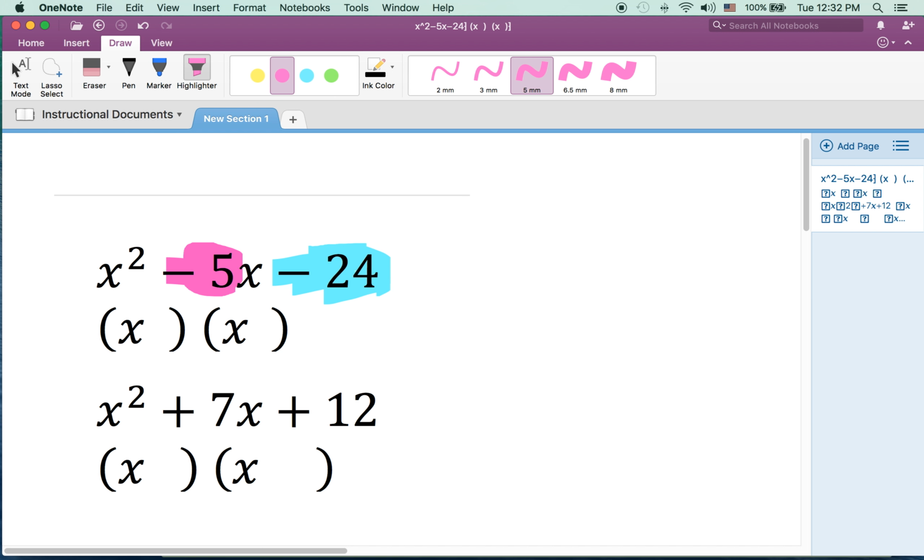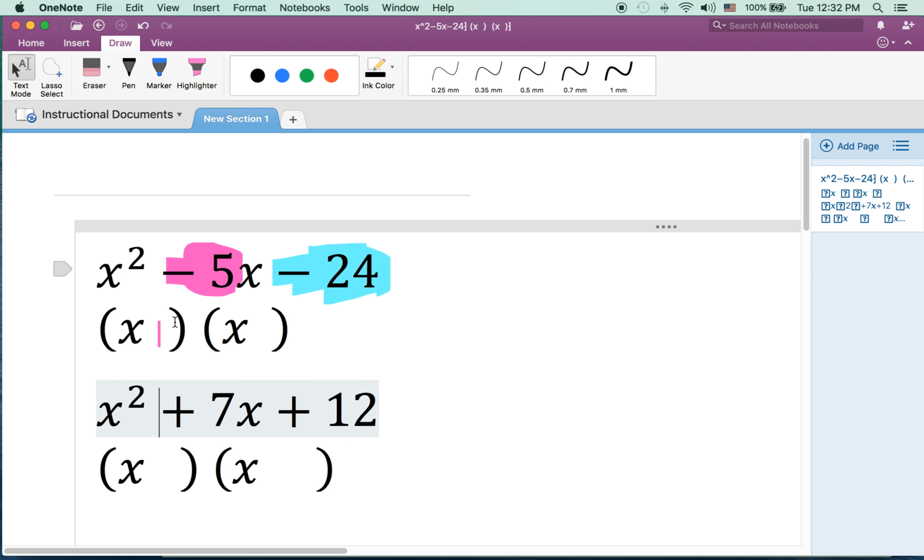So let's go to our factorization part here, and we want the product to be negative. So we can pretty much figure out that in order to get a negative number, one of them is going to have to be positive and one of them will have to be negative.